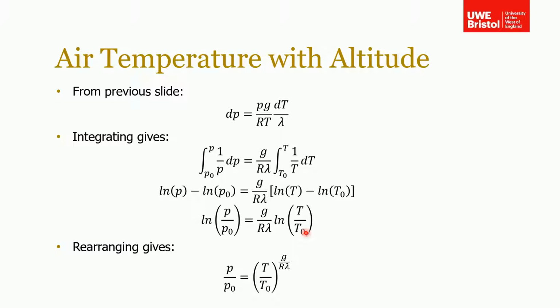And if we rearrange that, then we end up with this relationship. Okay, so now if we know the temperature at a given altitude, we can work out the pressure at that altitude given the base conditions as well.